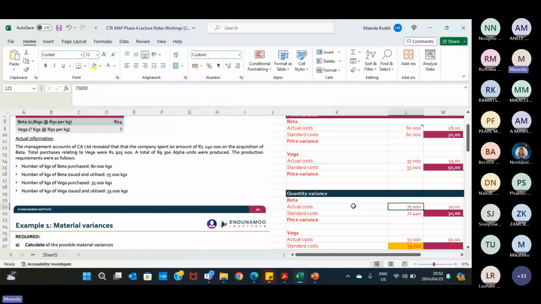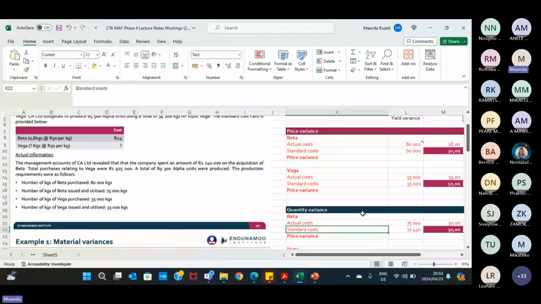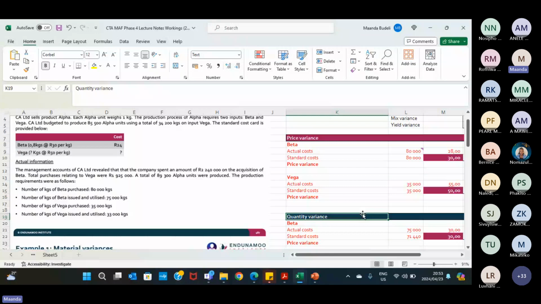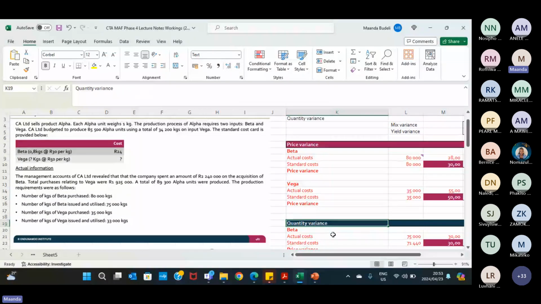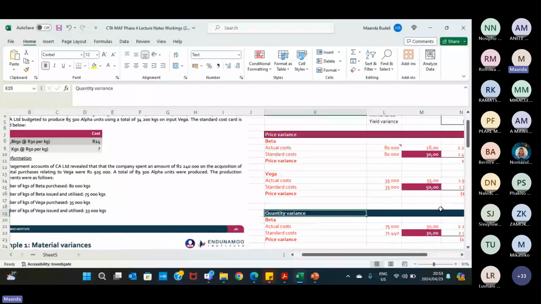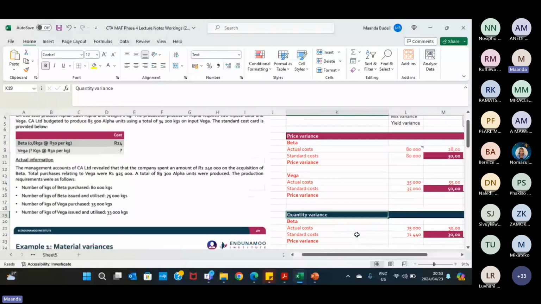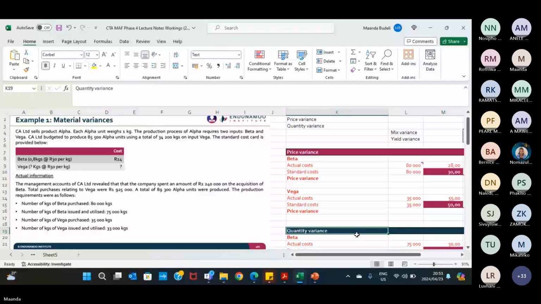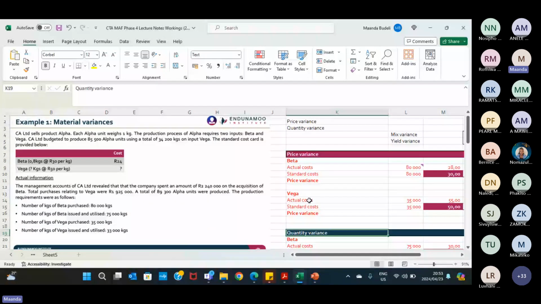Then my standard cost. So who wants to tell me how I'm going to calculate my standard quantity for Beta? So I have my price, my standard cost, my standard quantity, I mean. Who wants to tell me how I'm going to calculate my standard quantity for Beta? Anyone wants to go for it?